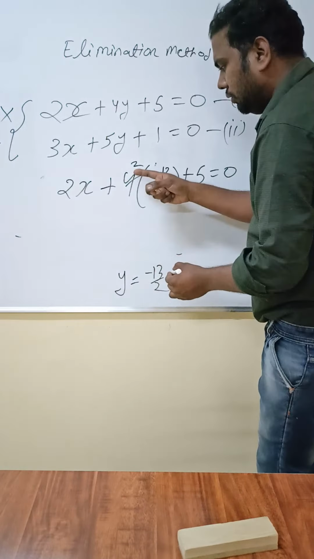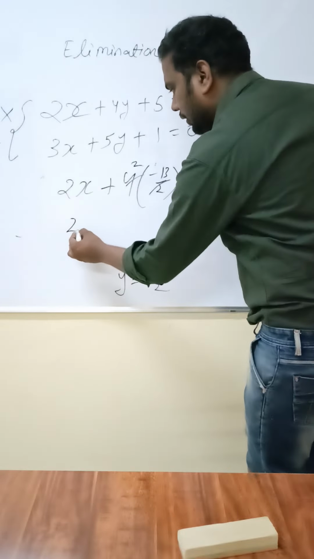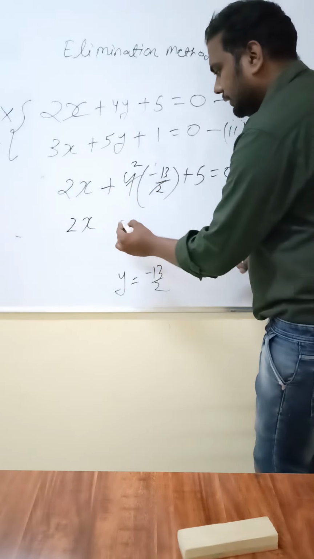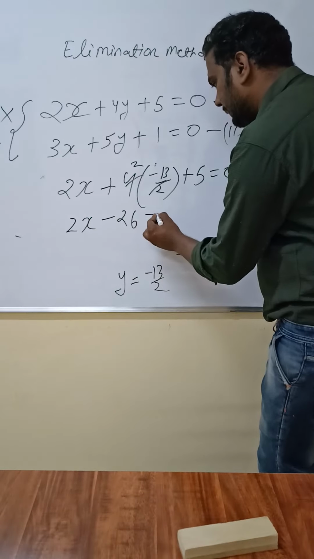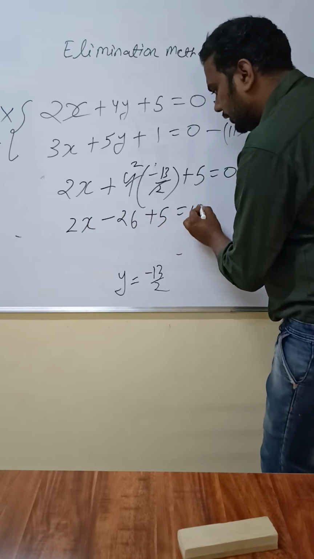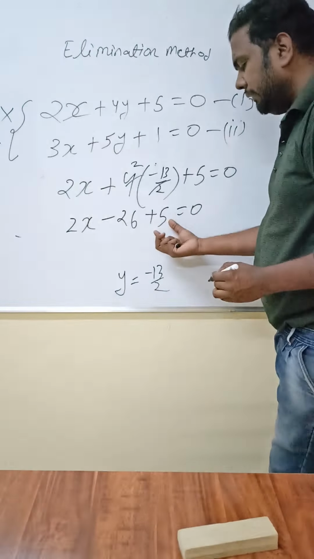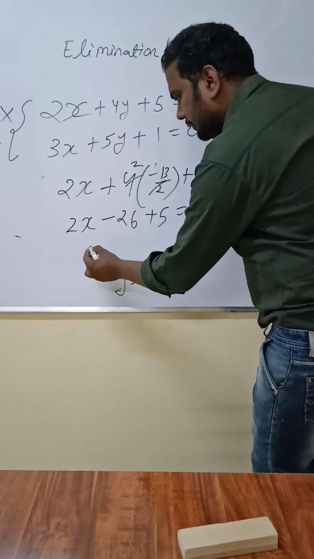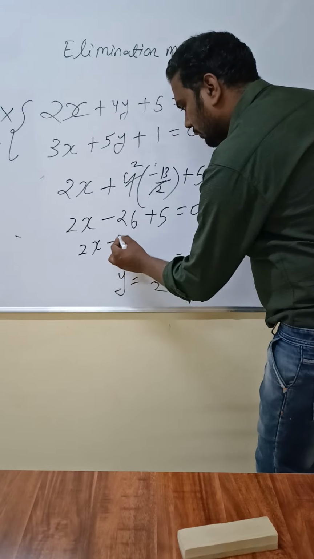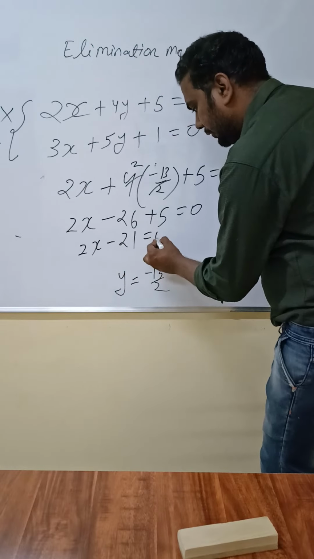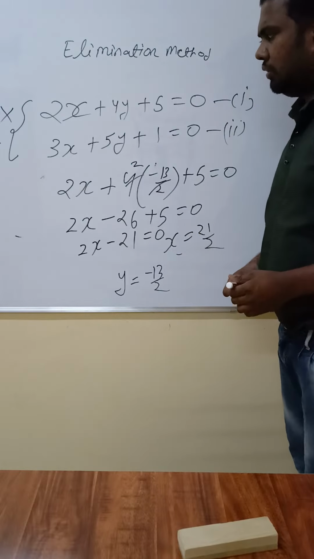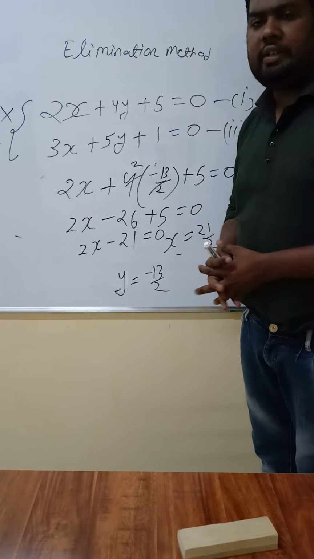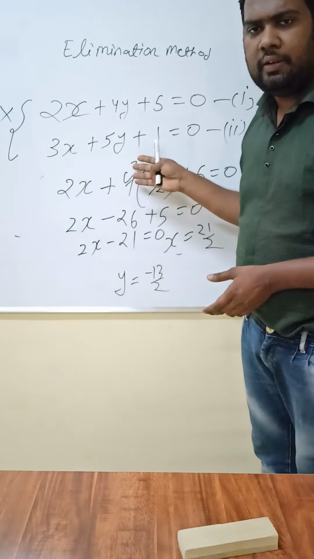So 2x minus 26 plus 5 equal to 0. Minus 26 plus 5, minus 21 equal to 0. So value of x is 21 upon 2. So students, this is called elimination method.